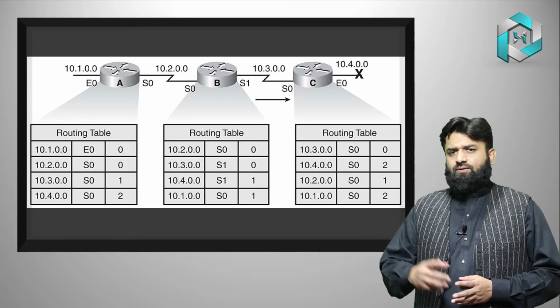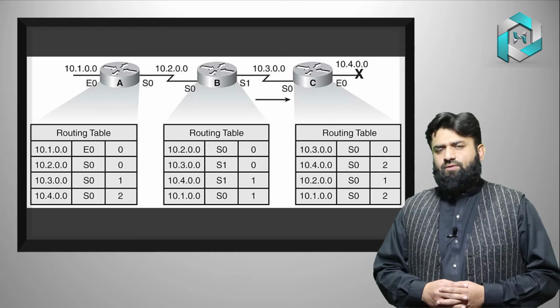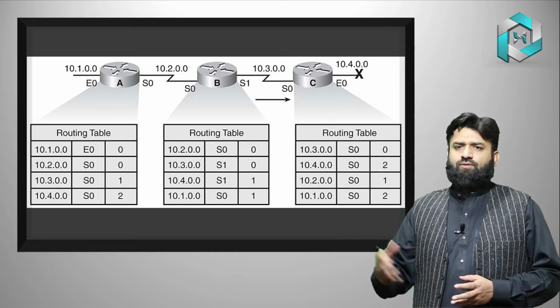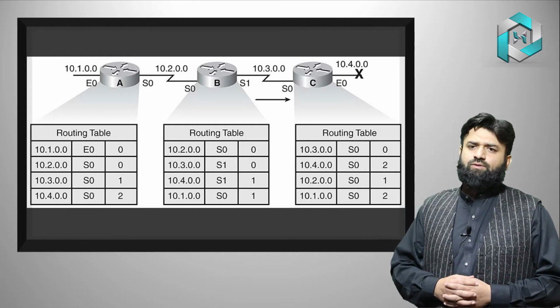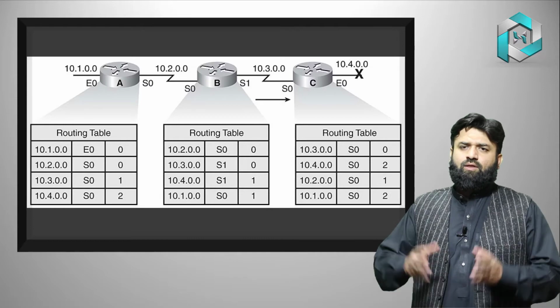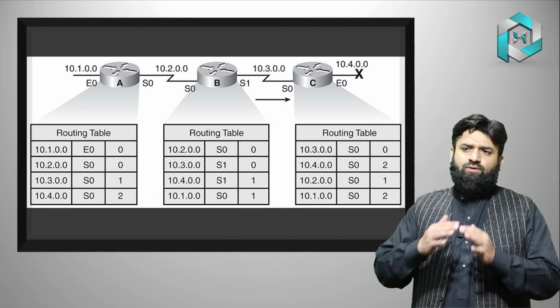In another case, if a router receives a packet destined for some destination, but that destination is not present in the routing table, the router will simply reject that packet.